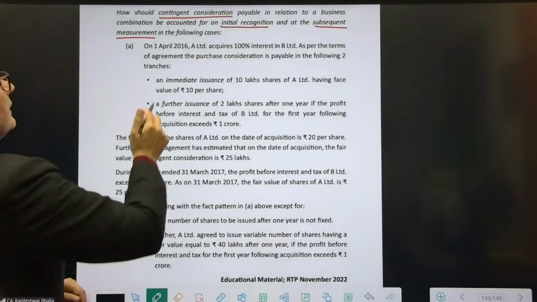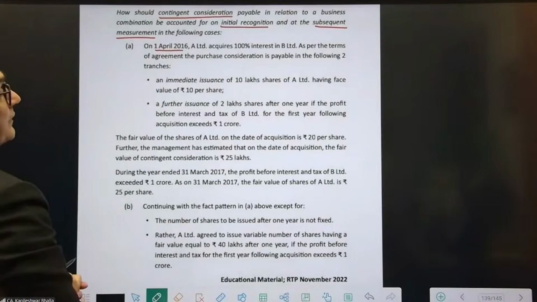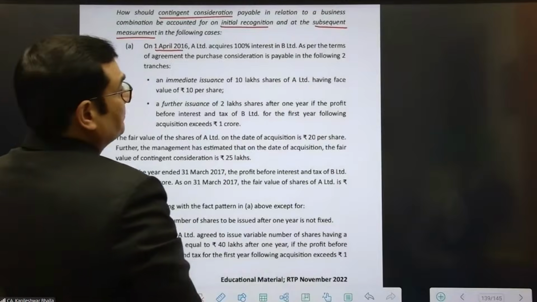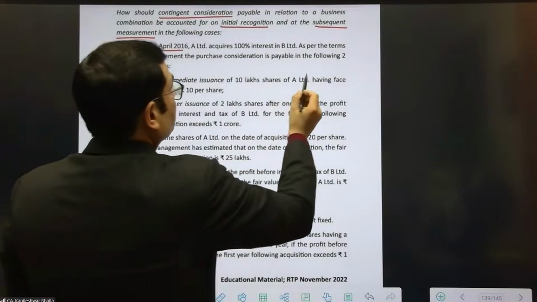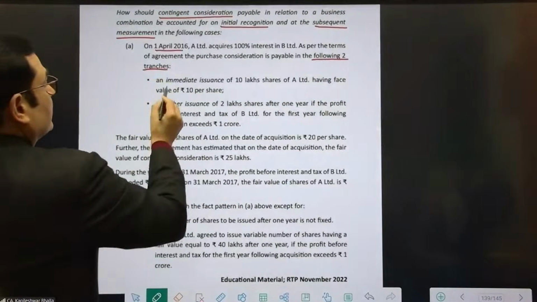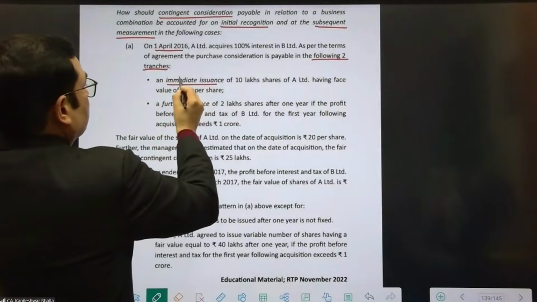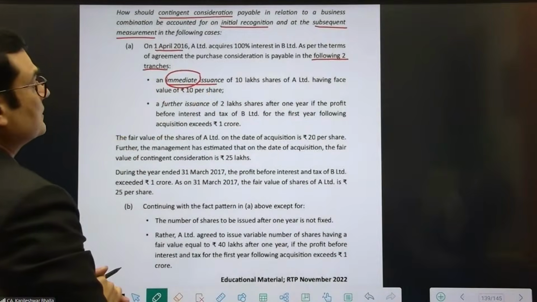Part A says on 1st April 16, A acquired 100% interest in B. As per the terms of the agreement, the purchase consideration is payable in the following 2 tranches. There is an immediate issuance. Immediate issuance means it cannot be a DC, it cannot be a CC.